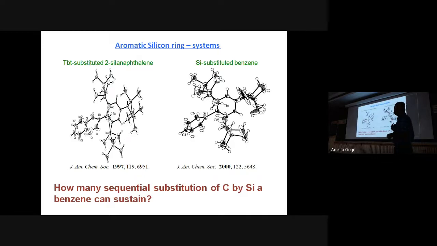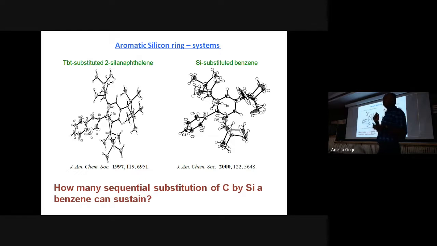Now, there are two issues here. Being experimentalists, you know that a carbon-silicon bond is very, very prone to oxidation; under any moisture it will pick up oxygen. So what they have done is add a very big bulky group so as to make the molecule kinetically benign towards aerial oxidation. These are experimental limitations.